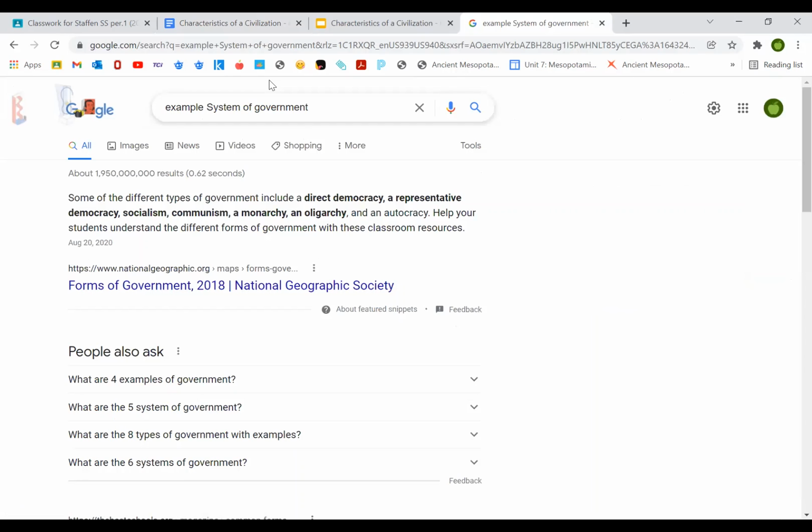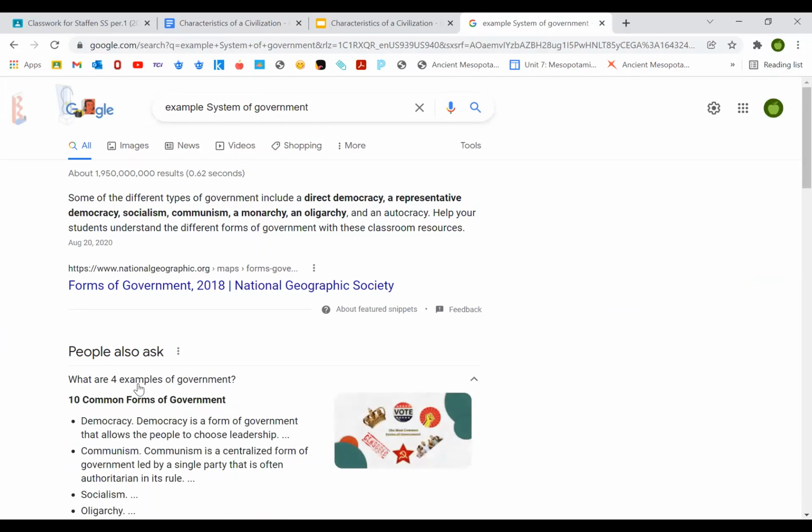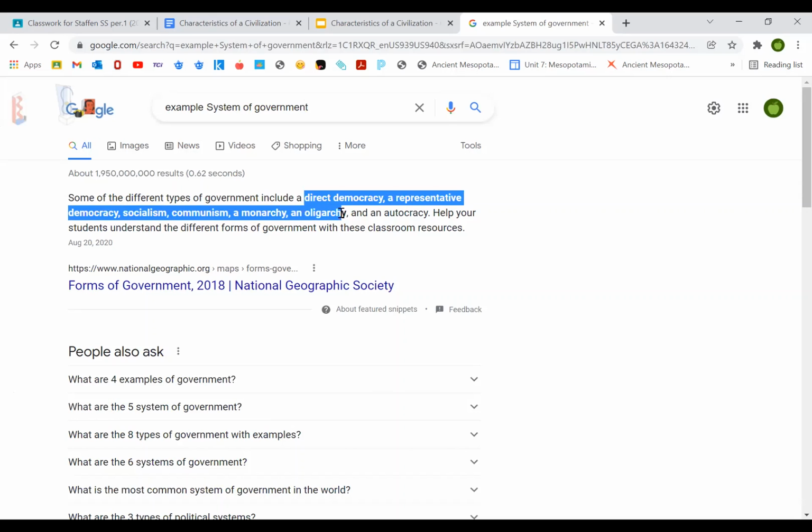Some of the different types of government include a direct democracy, representative democracy. So these are different types of government. Let's look here. Examples of government. Yeah, so same thing.